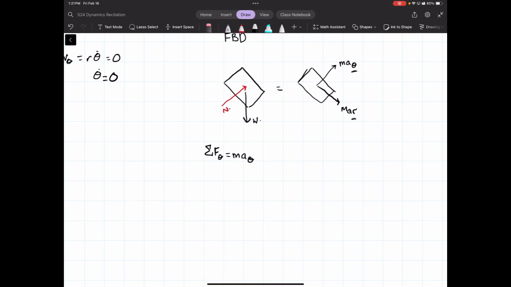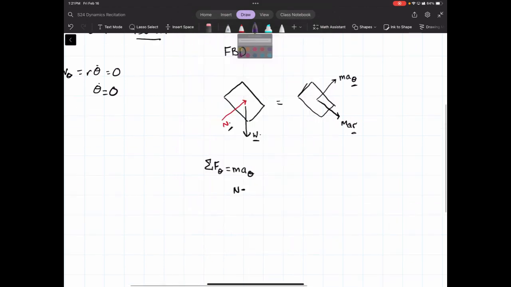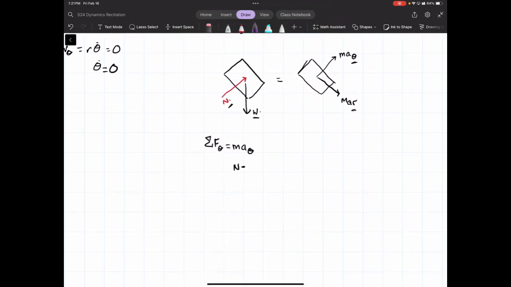So our normal force is just in the theta direction, right? It's acting normal to our arm, which is in our radial direction. So we know that we're going to have some normal force in that theta direction, but we're also going to have a component of this weight right here. So I like to sketch out the little components just so I can see them.